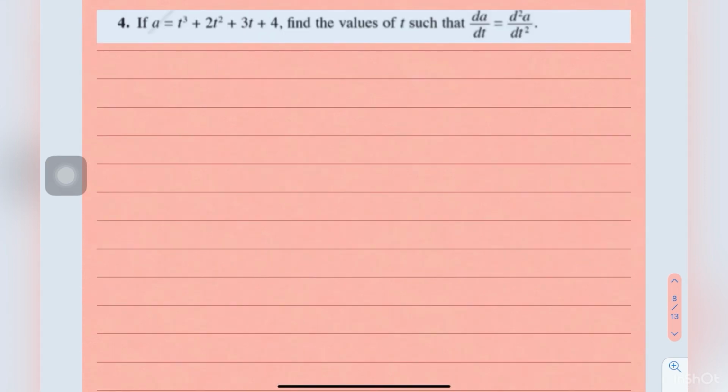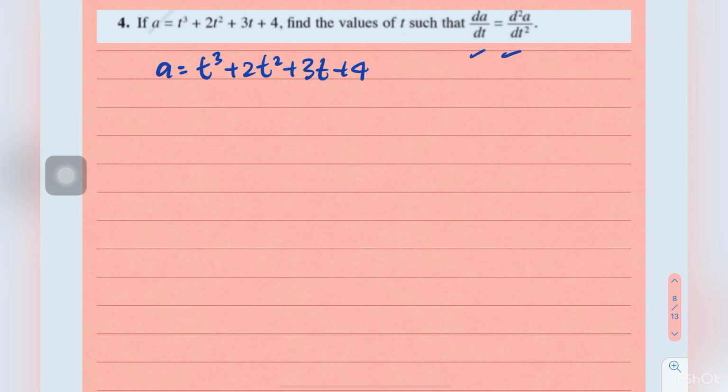Okay, come on, question number 4. Given A is t cubed plus 2t squared plus 3t plus 4, find the values of t such that dA/dt equals d squared A/dt squared. Meaning that you have to differentiate twice because we have A in terms of t.